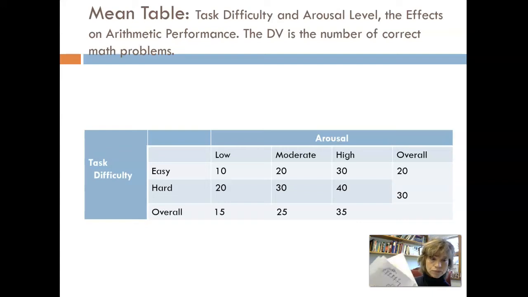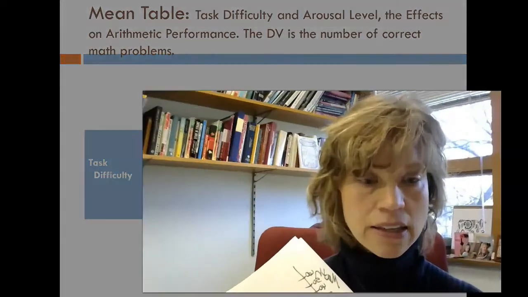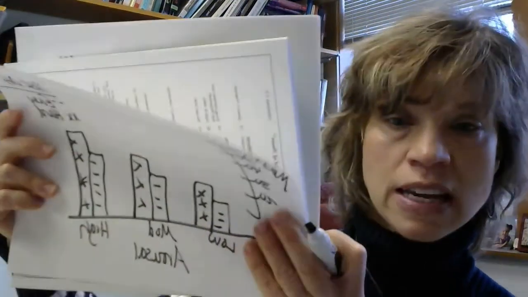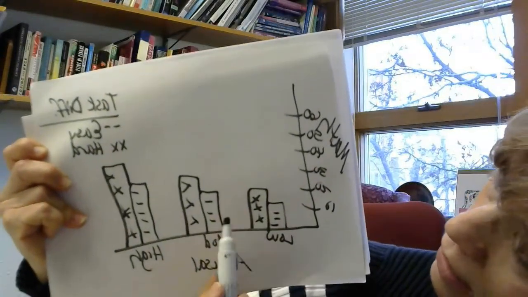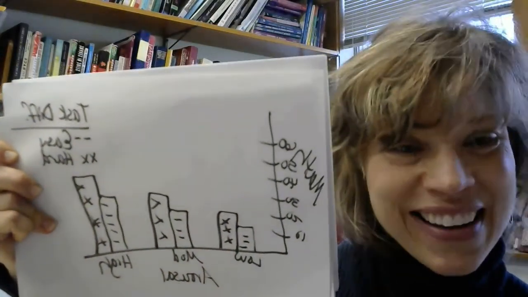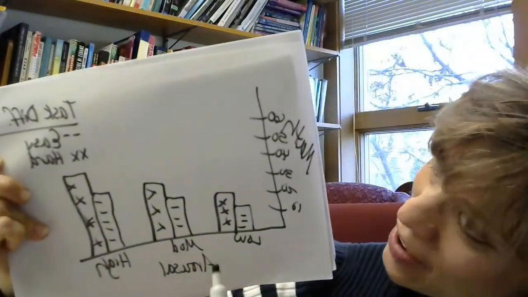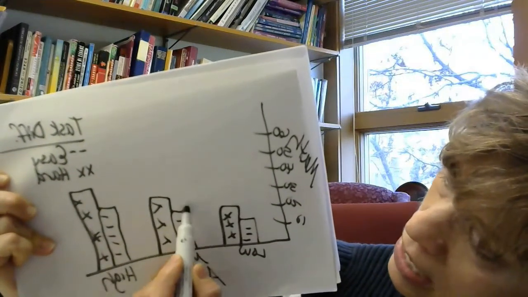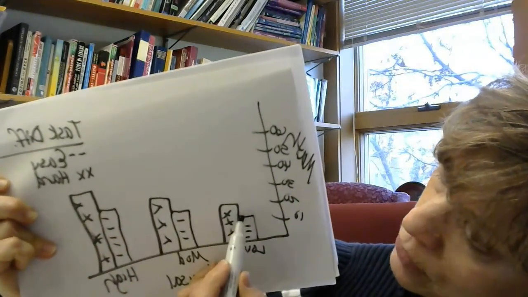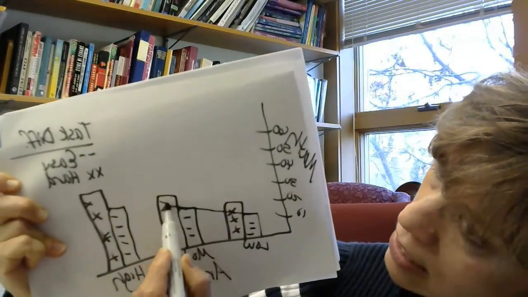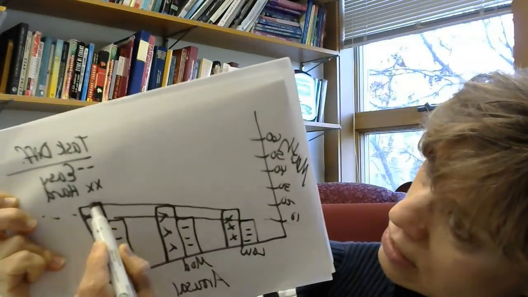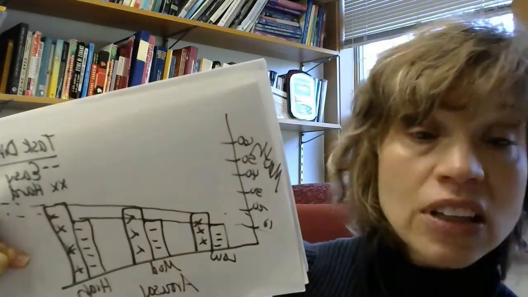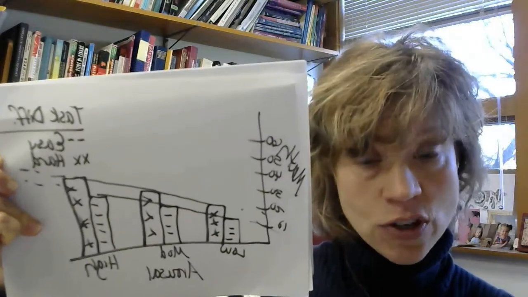So that yields a bar graph that looks like this. You can see that my drawings aren't necessarily on the scale. You can see the distance here is pretty equal between these. But if again we connect for easy, we have this and it goes out here. When we have hard, we have this and it goes out here. So again, the lines are parallel. There's no interaction on this.